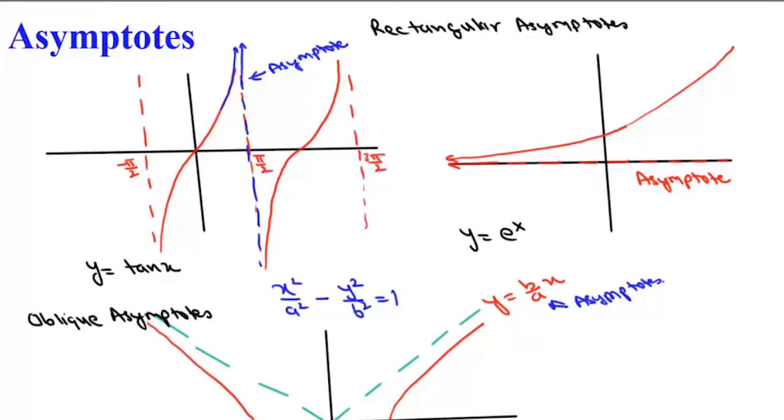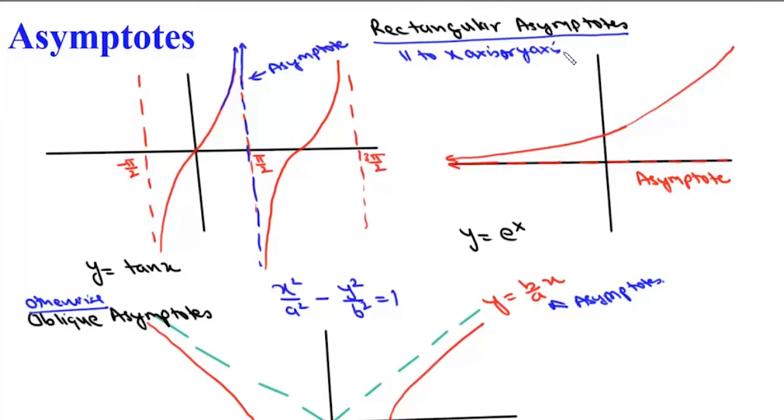If the asymptotes are parallel to the x-axis or y-axis, we say they are rectangular asymptotes, and otherwise we say the asymptotes are oblique.